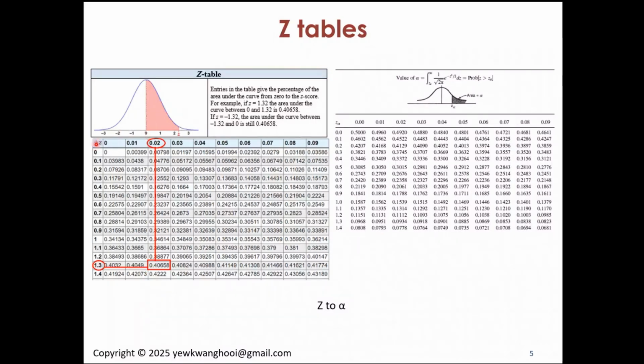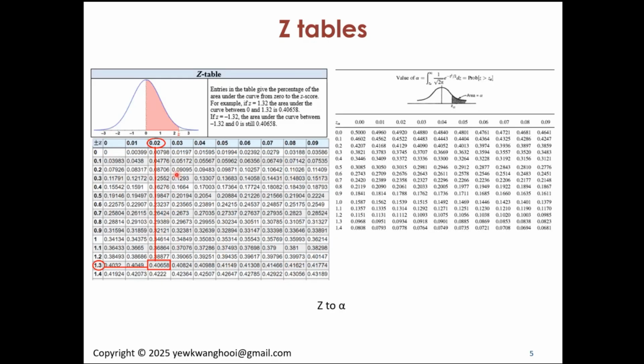They will give you the Z value along the first column. Okay, and then the significance will be the values in the rest of the table cells, right?